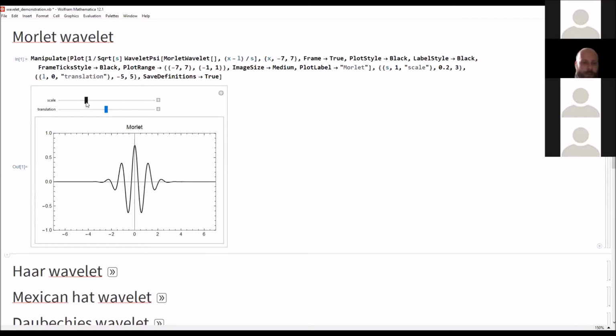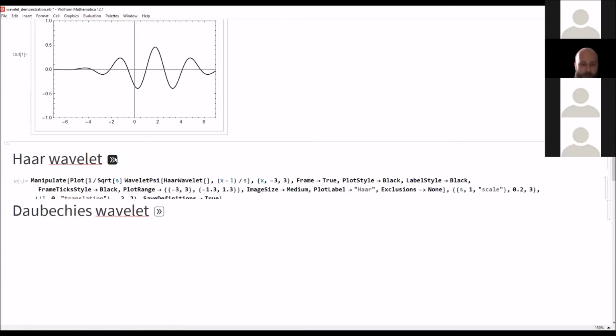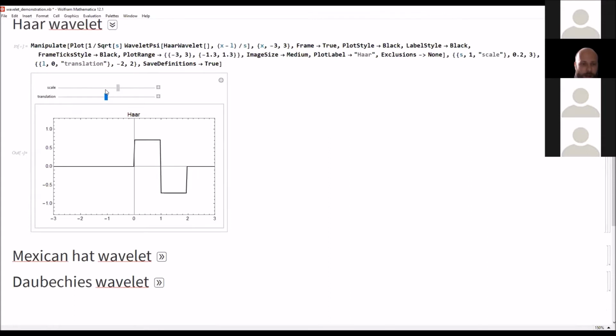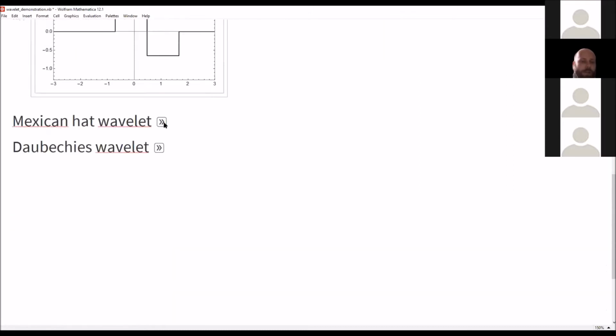So the wavelet can be squeezed and expanded by changing the scale parameter and moved around left and right, translated as well. And the same applies to the Haar wavelet, which has this rectangular shape.